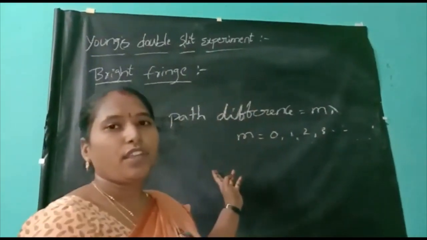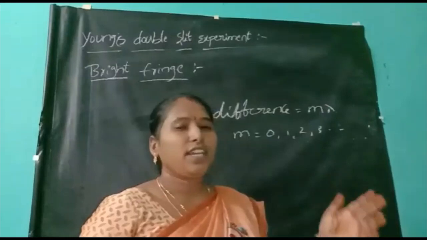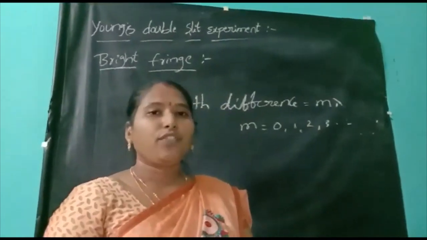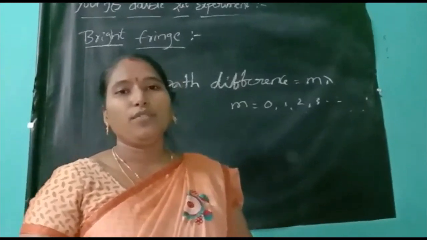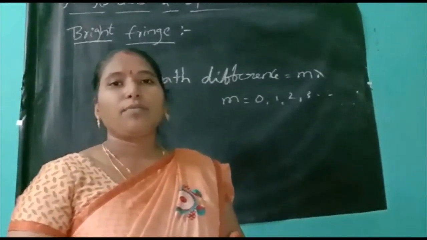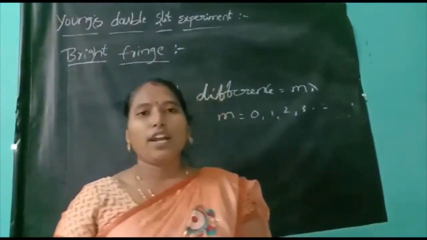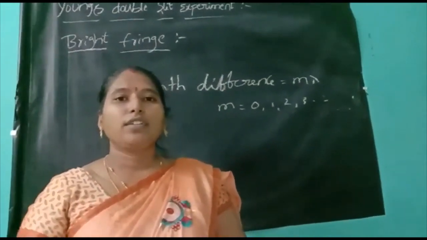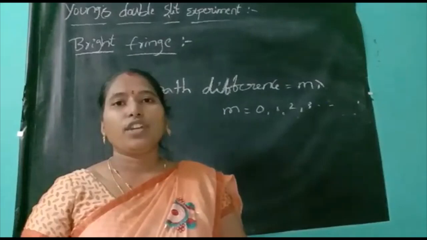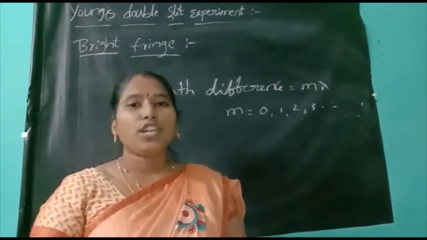Lambda is the wavelength of different amplitudes and different intensities, but same in phase. That's why wavelength is also added. It is not subtraction of the wavelength, it is addition of the wavelength.